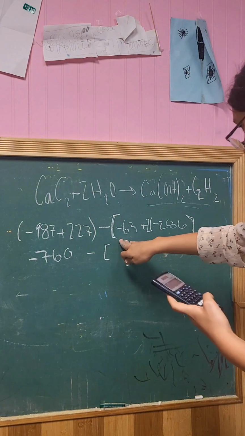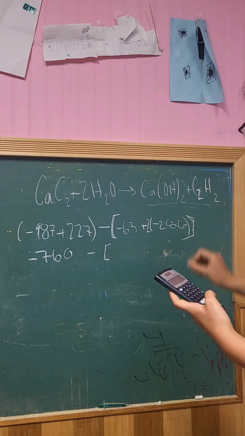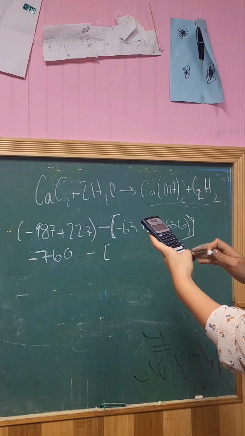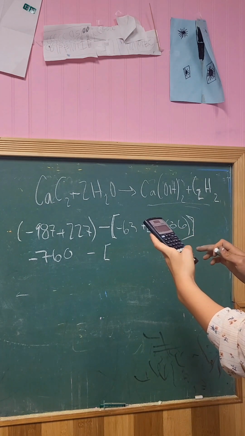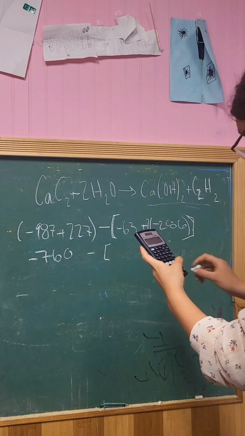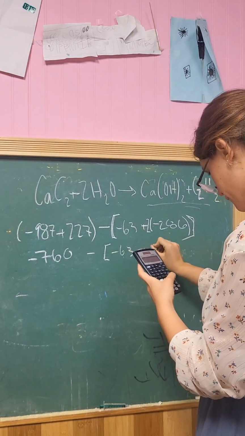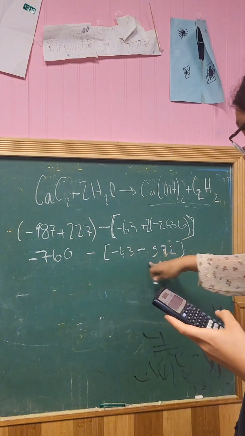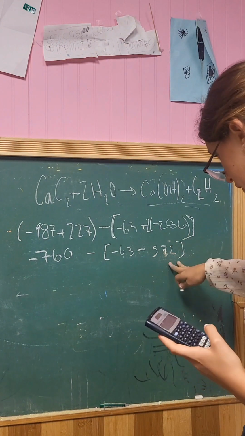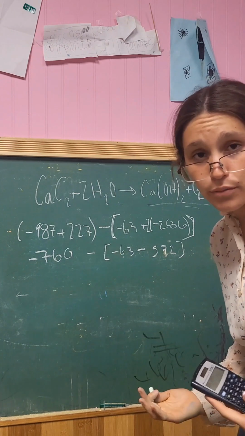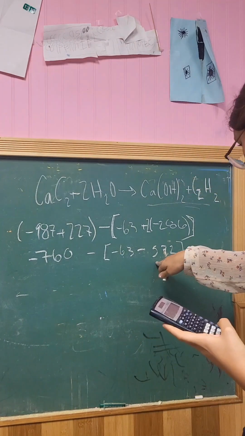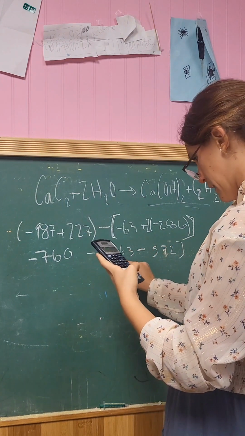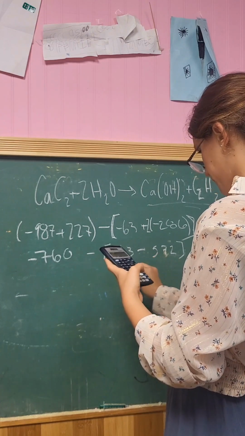So 2 times negative 286 equals negative 572. So negative 63 minus 572. Now we're going to solve inside this. Then we will distribute the negative. So negative 572 minus 63 equals negative 635.